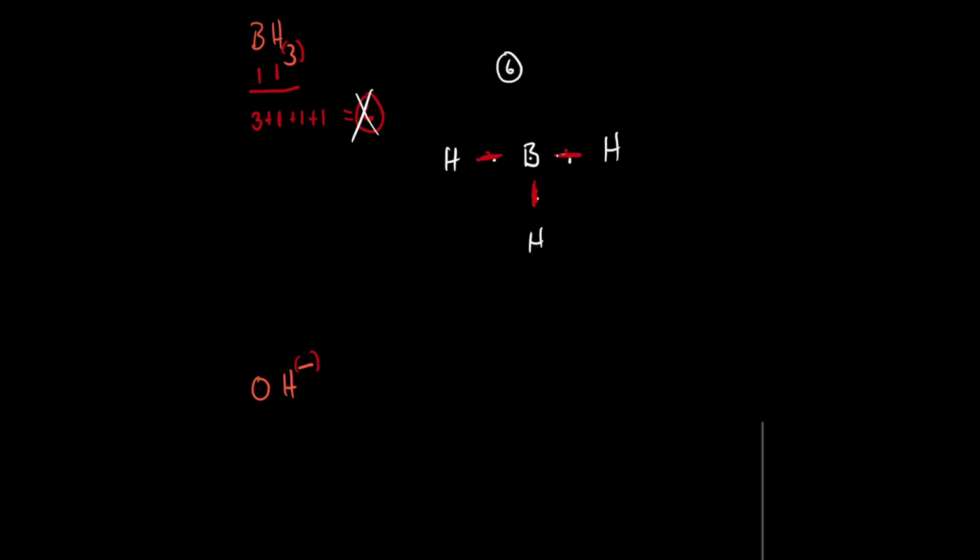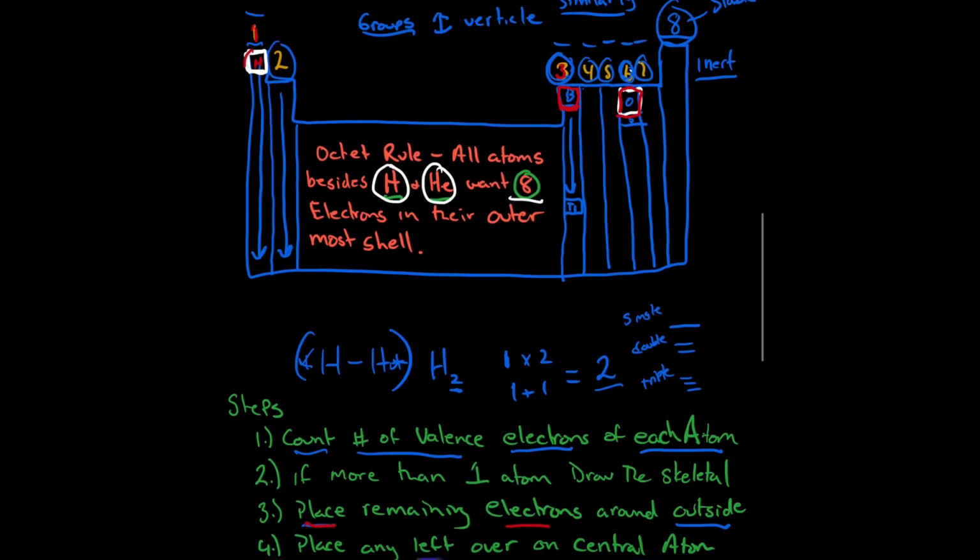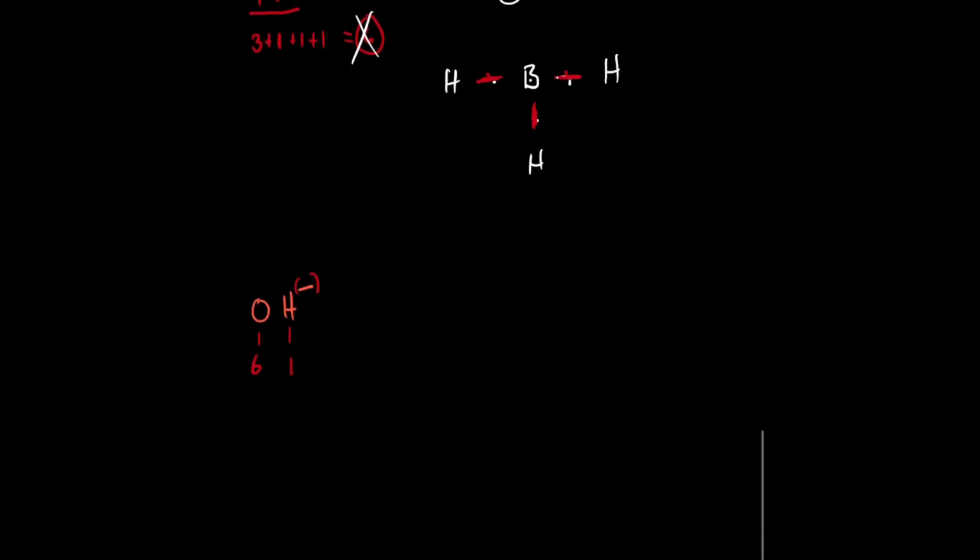I'll put a 6 here. Hydrogen is in group 1, so it has 1. Then I have this extra negative, which gives me plus 1. So I've got 8 valence electrons: 6 plus 1 plus 1 equals 8.